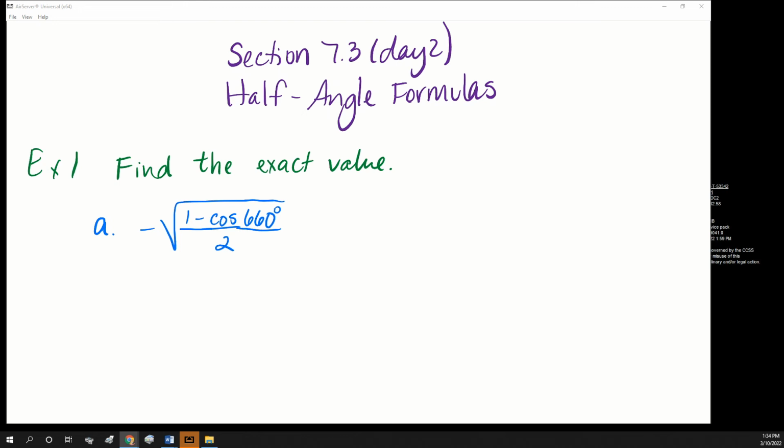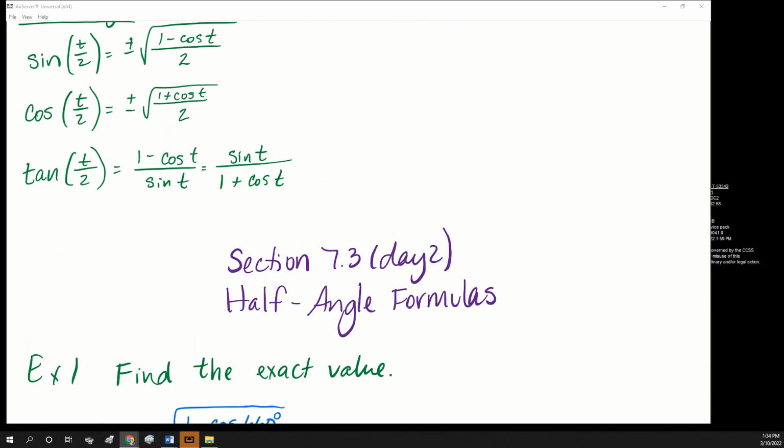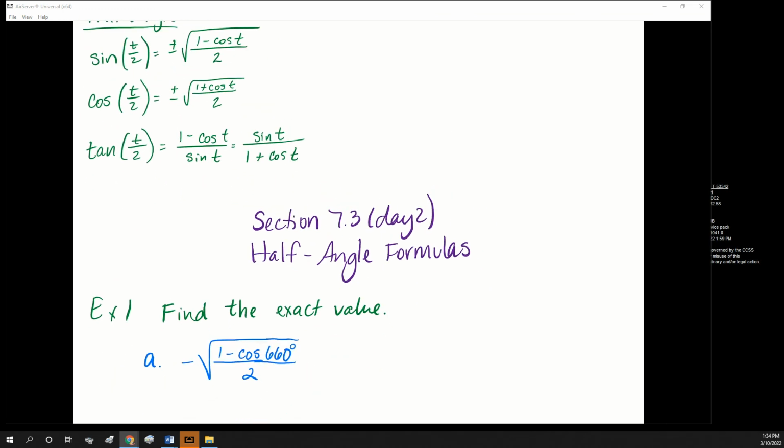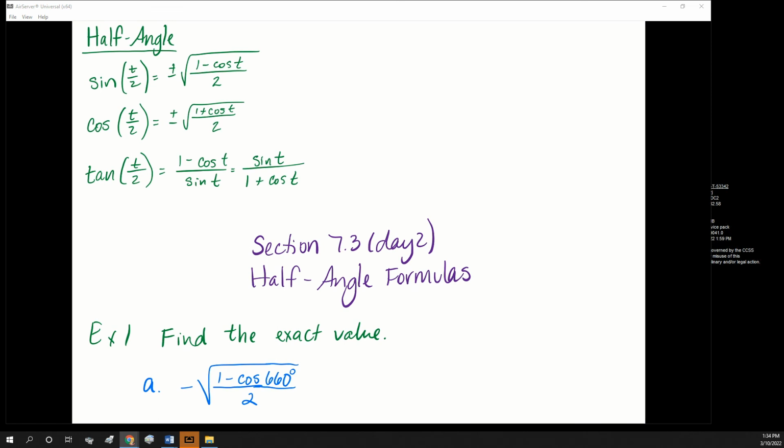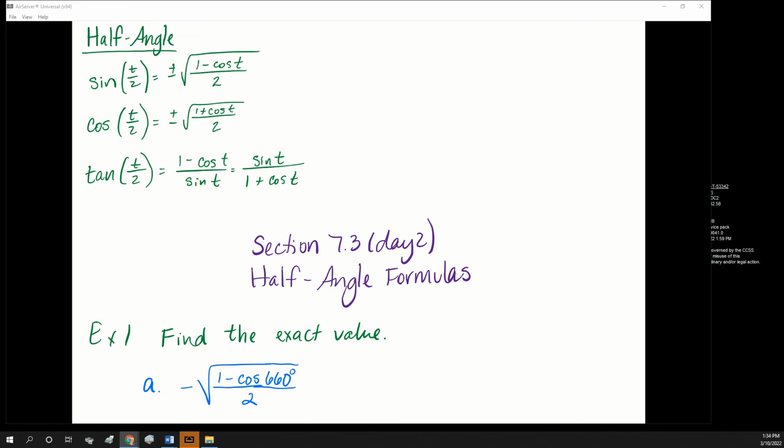Now, we don't know what the cosine of 660 degrees is, but we don't have to know what it is. We can use one of these half angle formulas. So I'm going to scroll up, see if I can get it all on one screen. There we go. Okay, so if we're looking at this side of the formulas, that looks the most like the sine, because inside the square root is 1 minus the cosine.